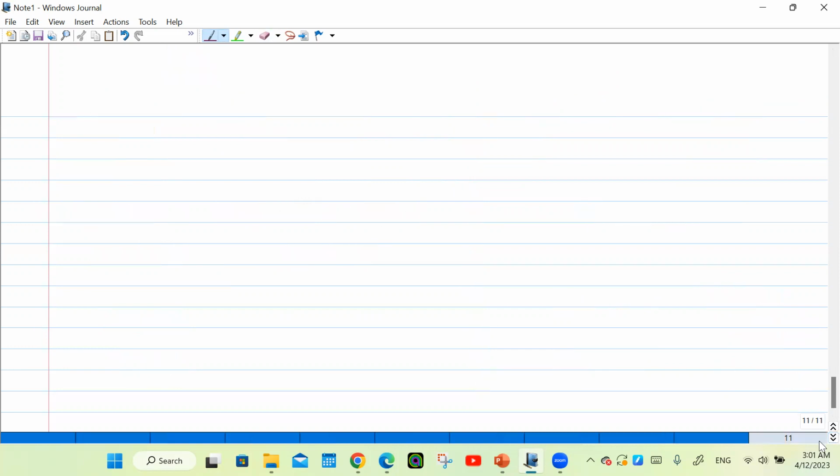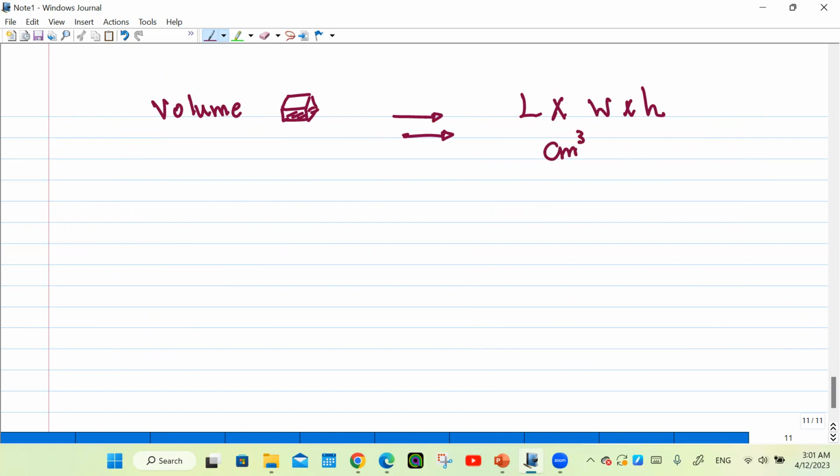Of course, you have the volume. The volume of a cuboid, for example, can be calculated by the length times the width times the height, and its unit is cubic centimeter or meter cube.